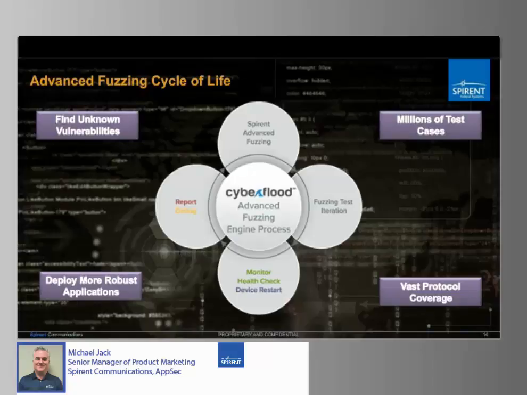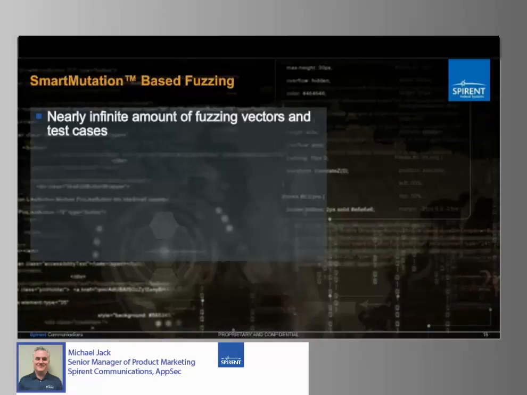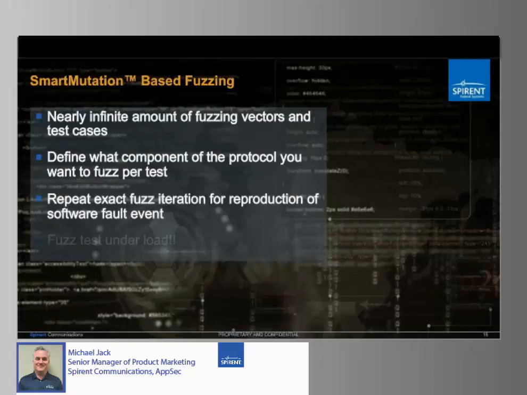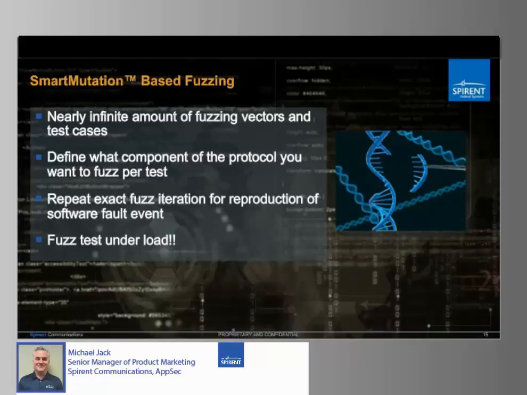And we employ a solution called Smart Mutation. This basically gives you the ability to fuzz a testing protocol, say HTTP, with a nearly unlimited amount of specific vectors. What that means is when you fire off the test, it's going to go through a series of different tests, each test case hitting a different aspect of that protocol or that service, and run until you tell it to stop, giving you the most coverage available in the industry.